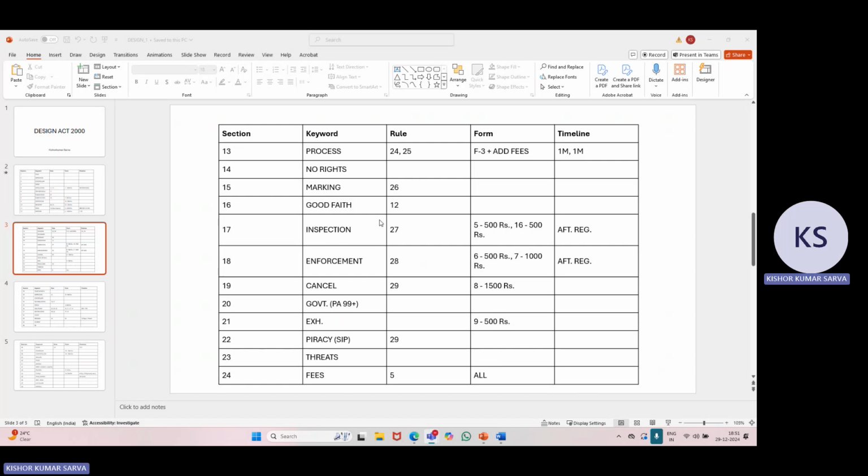If you have the design number, file form 6, and you get the details as per rule 28. You must pay 500 rupees to receive the information about the design's existence and its status. So form number 6, rule number 28, and 500 rupees.